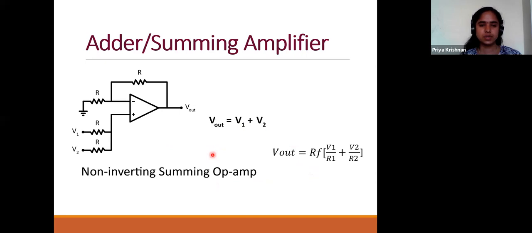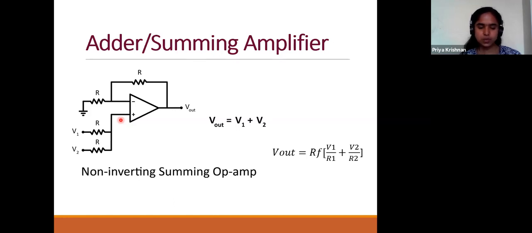So the very famous application of op-amp, very interesting to do practically, is the adder, or what is called a summing amplifier. It can be of any type. I have applied the input on the non-inverting side.